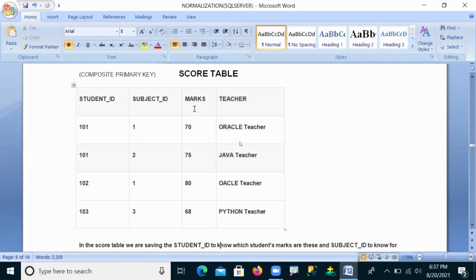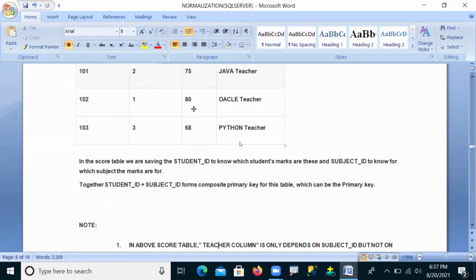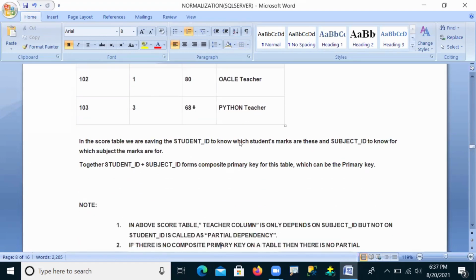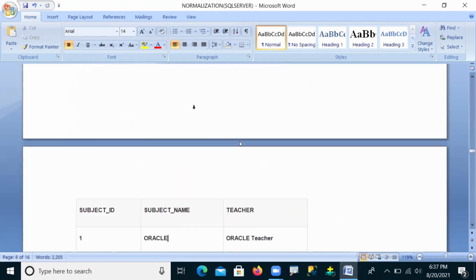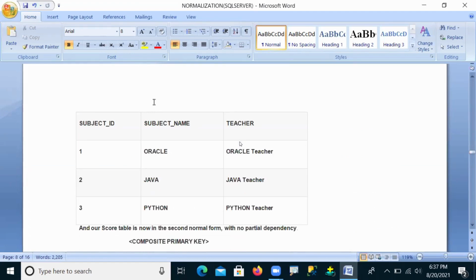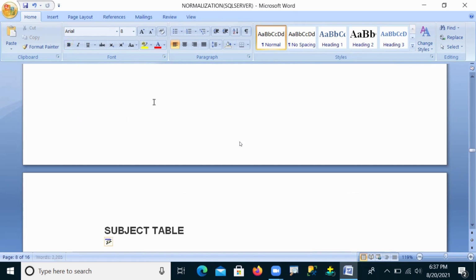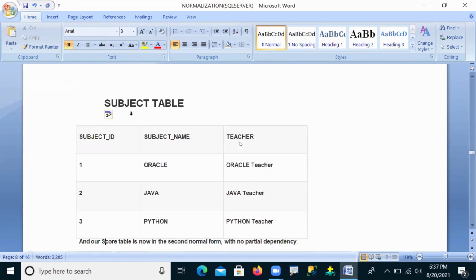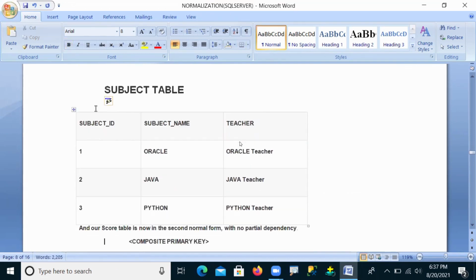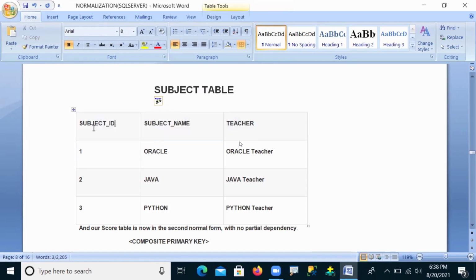Now I have designed two tables. One table I divided here is the subject table. In the subject table, I'm creating subject ID, subject name, and teacher.